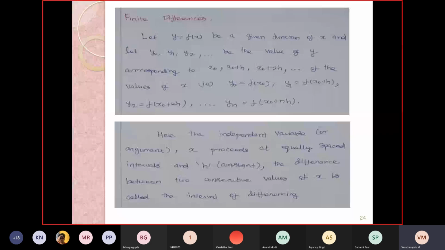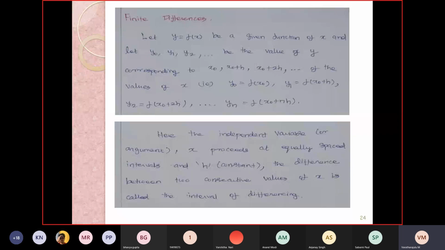But Lagrange is for when we have unequal intervals. At that time we don't have any other option. We need to depend on Lagrange's to find the unknown, whether it may be x or y. When we have an equal interval, then we go with Newton's interpolation, and we'll see the derivation of Newton's forward interpolation.